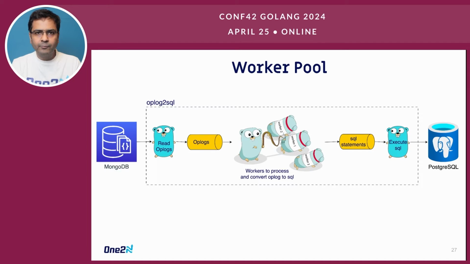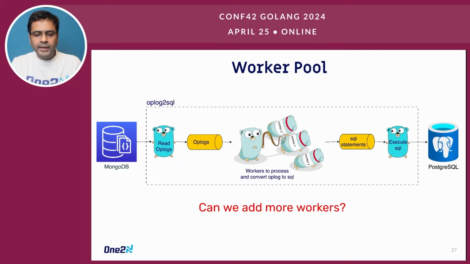And hopefully, if you have multiple CPU cores, we can also run them in parallel. Once all of these worker Go routines run their oplog processing and conversion operations, they will convert these into SQL statements. Those SQL statements will go into this SQL statements channel. The execute SQL Go routine is going to then pick up and run these SQL statements in Postgres.